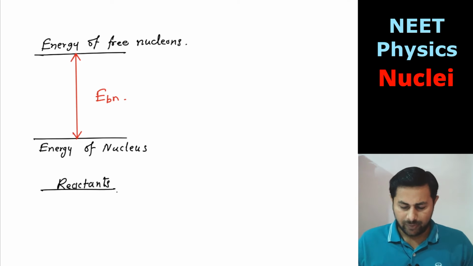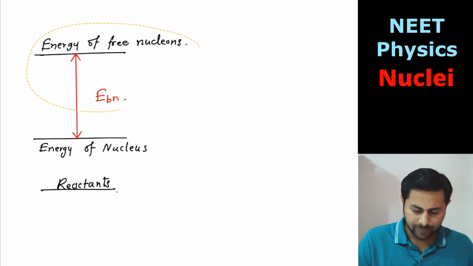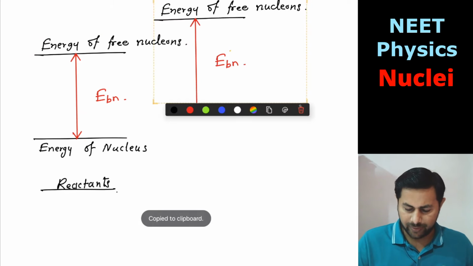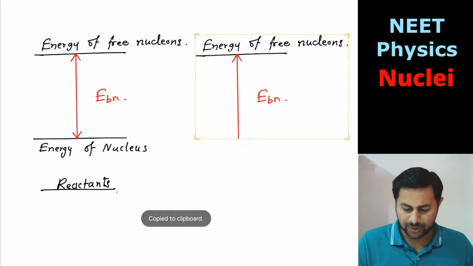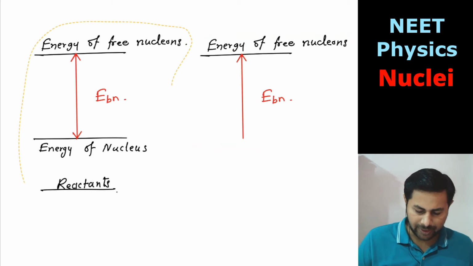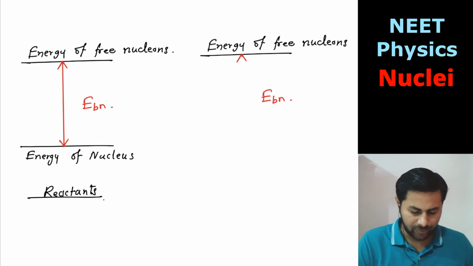Then what happens in case of products? In case of products, the separation of energy between the free nucleons and the nucleus is very high, right? The energy required to free the nucleons is very high.